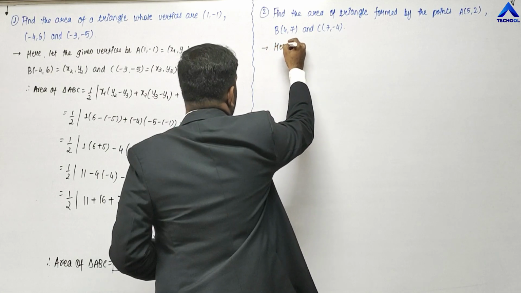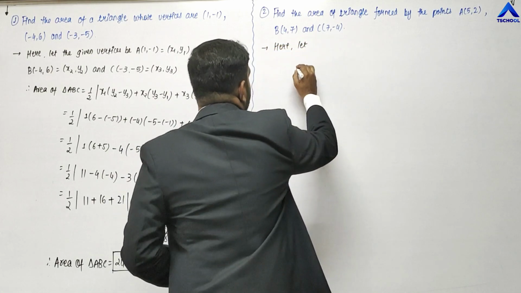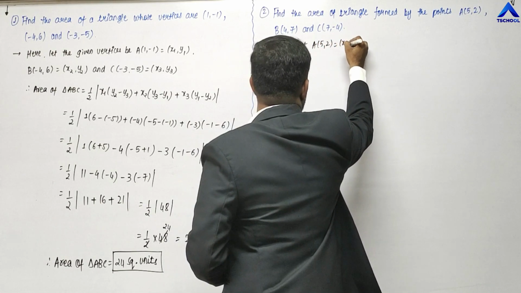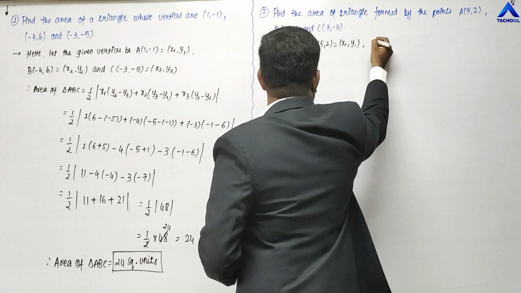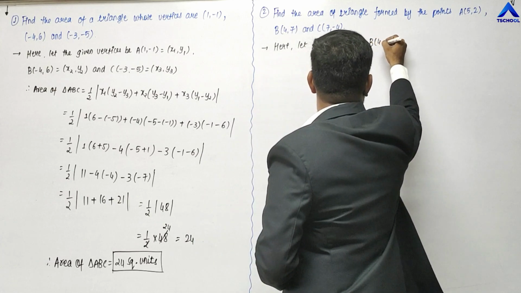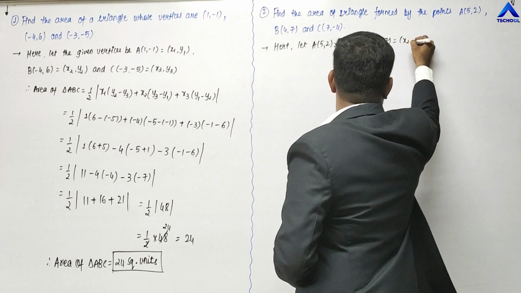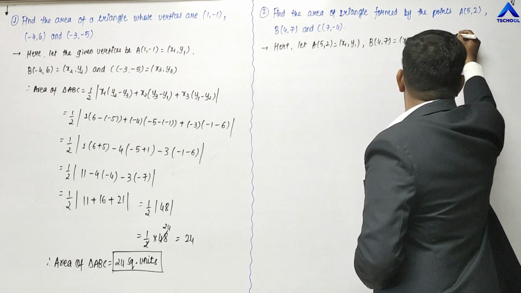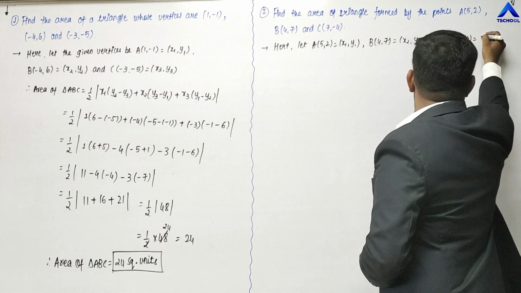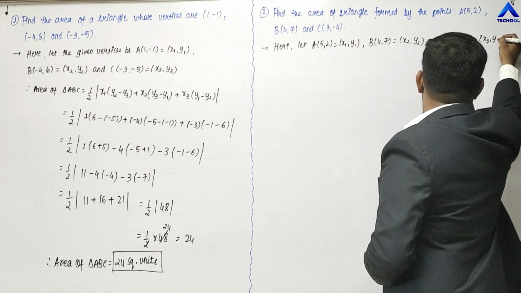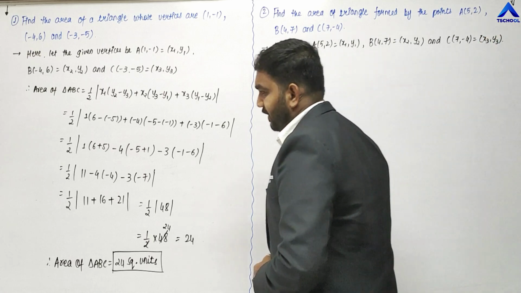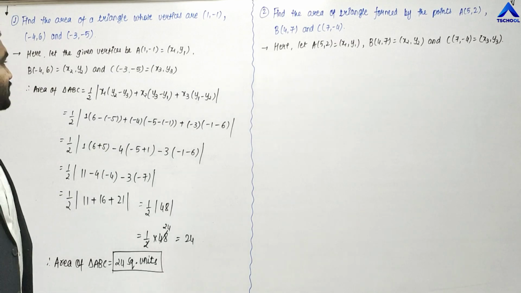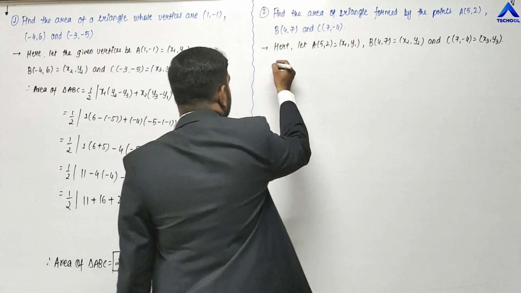Here, let A (5, 2) equal x1 y1, B (4, 7) equal x2 y2 and C (7, minus 4) equal x3 y3. So these are the 3 points that we have taken as x1 y1, x2 y2 and x3 y3.